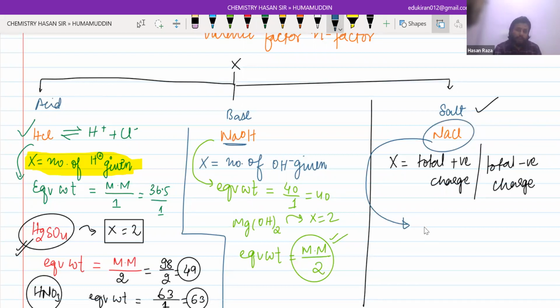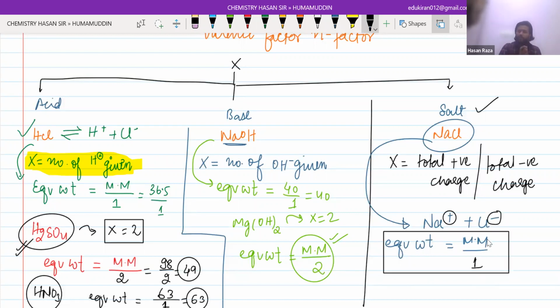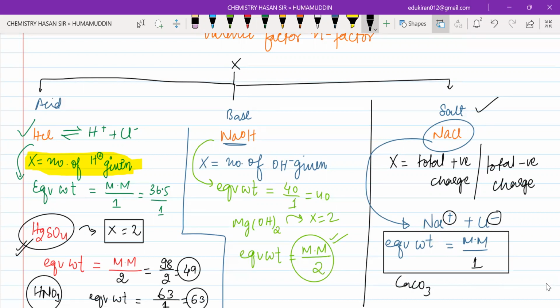If you dissociate it, it will dissociate into Na plus and Cl minus. So equivalent weight will be equal to the molar mass of NaCl upon 1. This salt has equal positive and negative charge, so you can take either, that will be the same. Are you getting my point? You just need to dissociate it and get it.